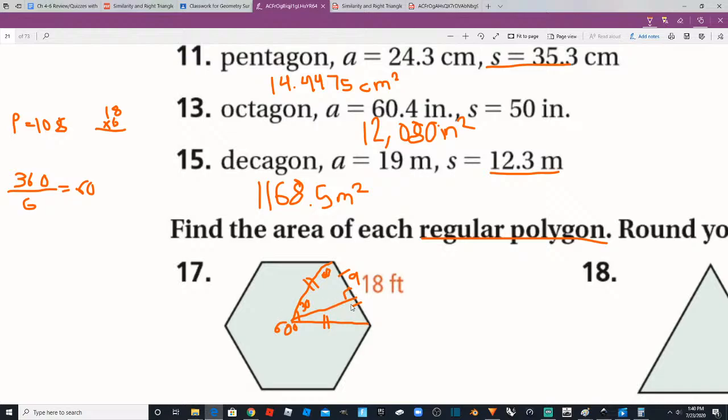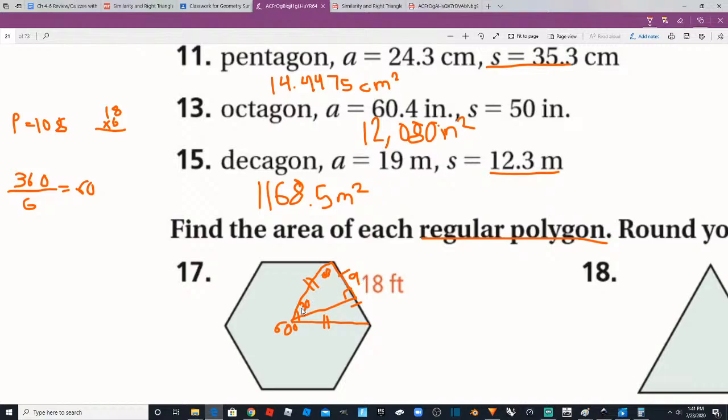And this is the altitude of that triangle. And if you see later on about the altitudes of isosceles triangles, because two sides are the same, basically you'll get that these two sides are congruent. Anyways, this side length right here is equal to 9 feet.